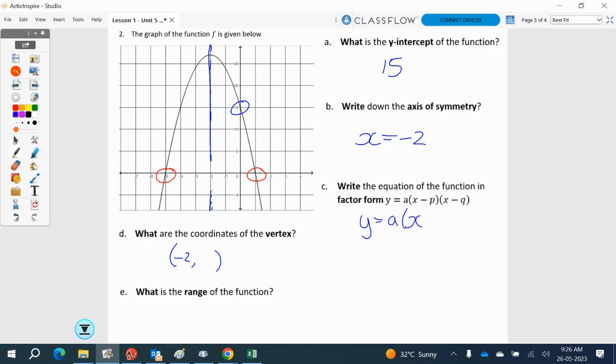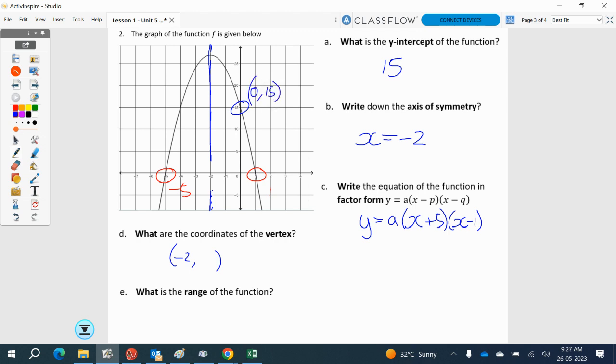Now, what do we put inside the brackets? If we have our solutions at -5 and 1, what do we write inside the brackets? We write x plus 5 and x minus 1. So all we have to do now is find the a. The best way to find the a is to insert the coordinate of the y-intercept.